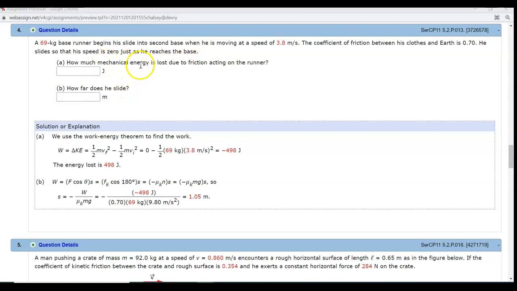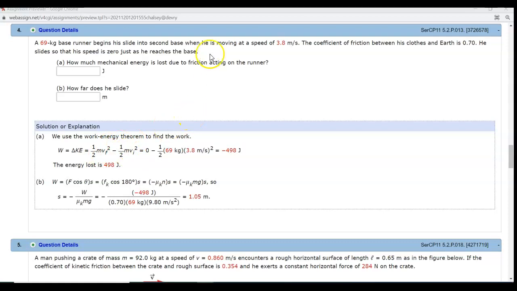Okay, so let's look at the work that's done. It is 1/2 mv squared final minus 1/2 mv squared initial. So just like the last problem, only now our initial is not 0.